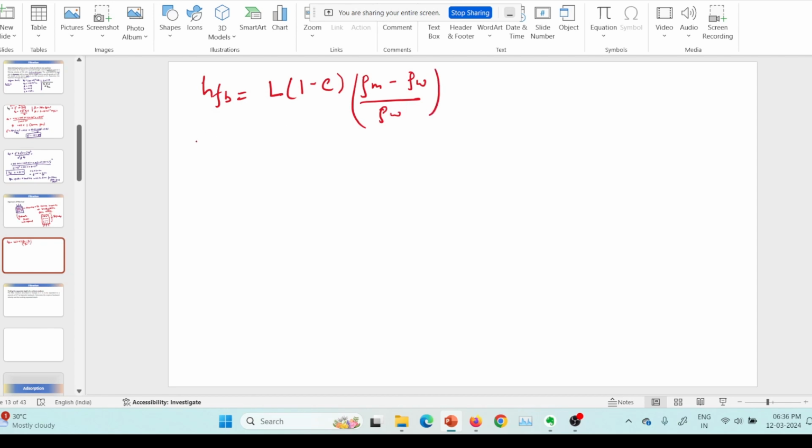Here HFB is the head loss required to initiate expansion.